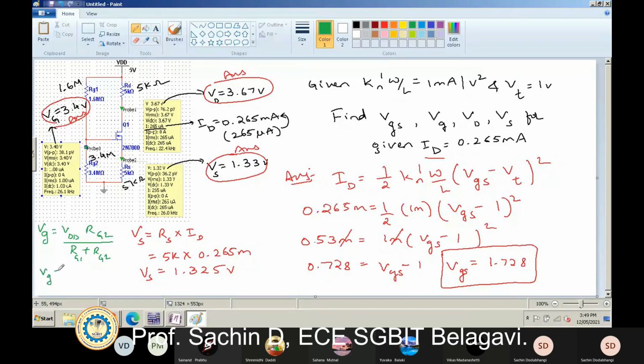So VG is equal to VDD, 5 volt, times RG2, 3.4 mega, divided by RG1, 1.6 mega plus 3.4 mega. Can anyone tell me the answer for this? VG, capital letter or small letter? Both are same here. Don't get confused with capital letter and small letter.